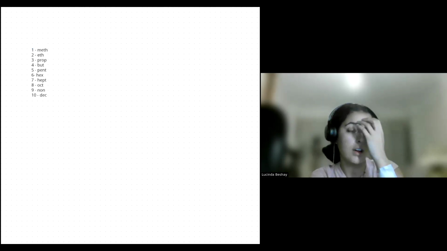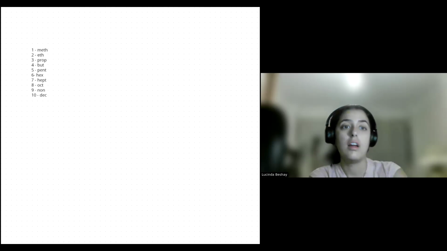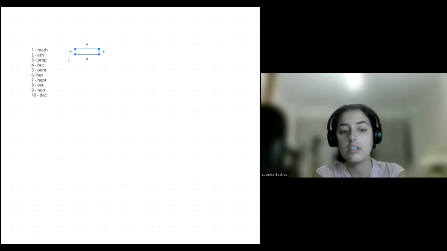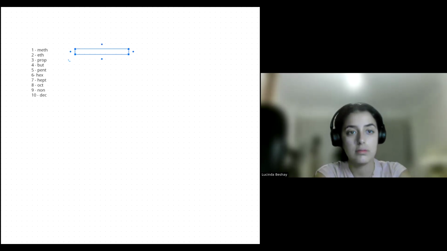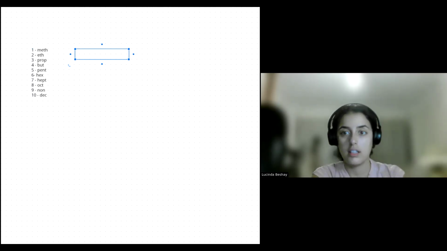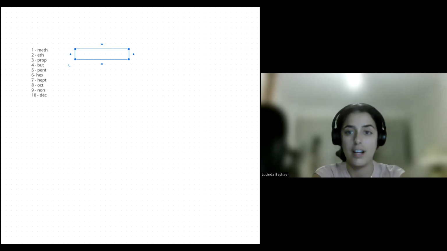Now, I also want to say that alkanes, which are single bonds, their ending is ane, and that comes from the word alkane. Alkenes, which are double bonds, which are chains that have double bonds, they have ene.